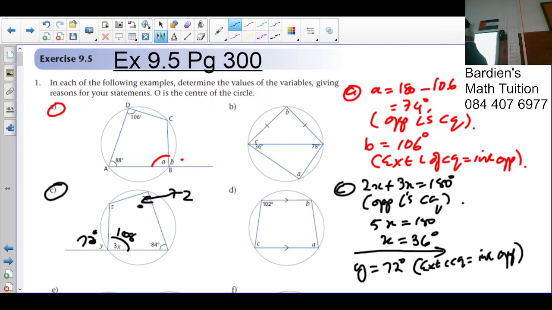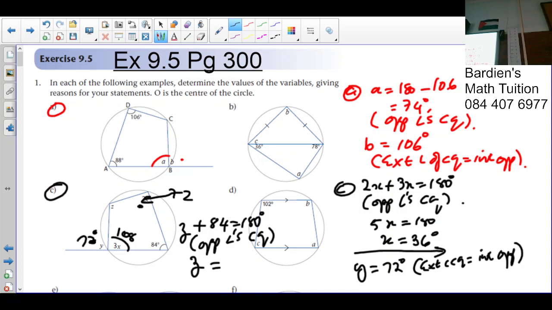Are you going to work out Z? Opposite angles are supplementary. So Z plus 84 equals 180 degrees. This is opposite angles of a cyclic chord.